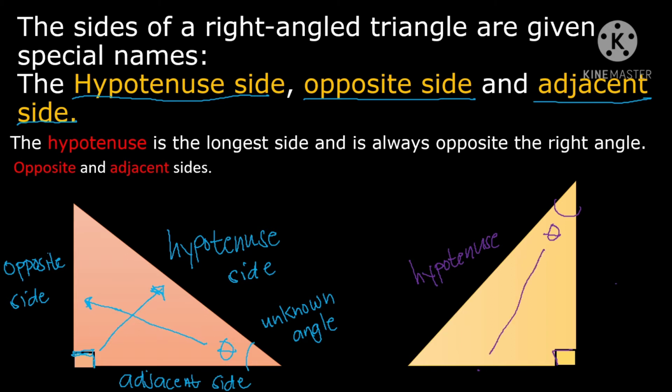Yung katapat na side niya, ito yung opposite side nyo. So, di ba kanina, andito yung adjacent side nyo? So, nakadepende yung opposite and adjacent side nyo kung asaan yung reference angle nyo. And then, yung kalapit niya na side, ito naman yung adjacent side niya. See the difference?